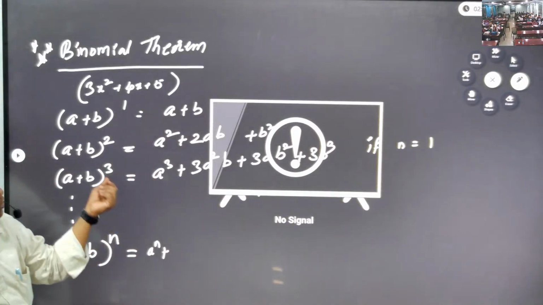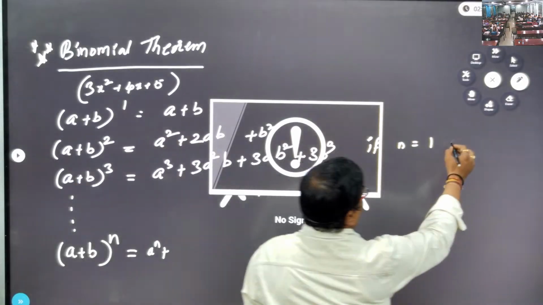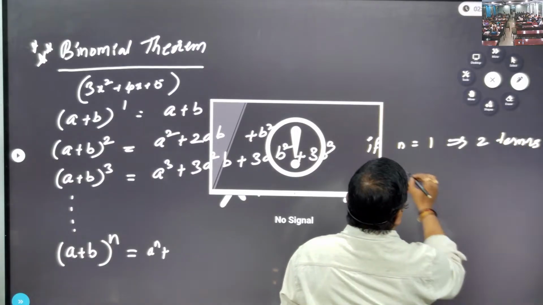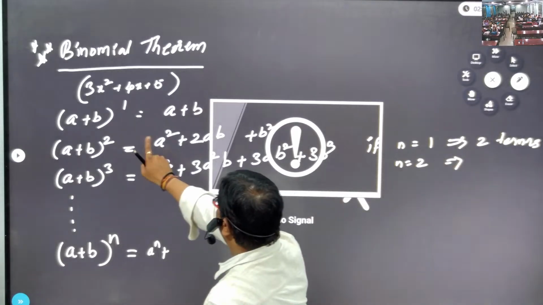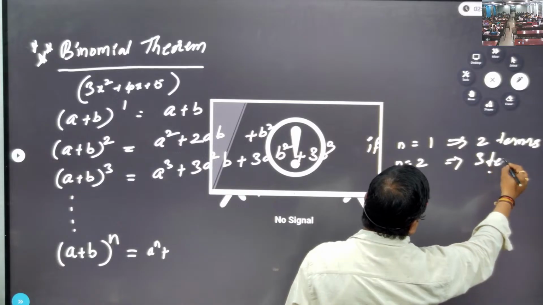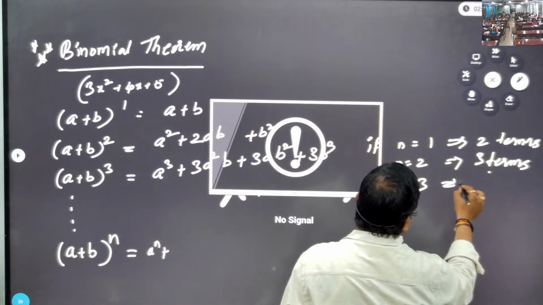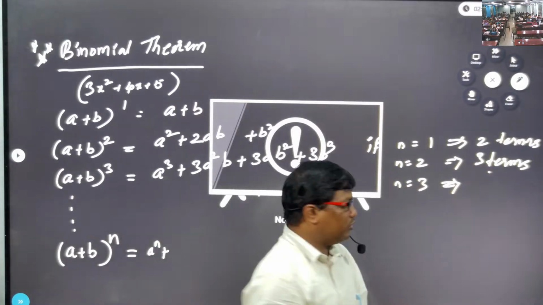If n is equal to 2, how many terms? 1, 2, 3: 3 terms. If n is equal to 3, how many? 4 terms.